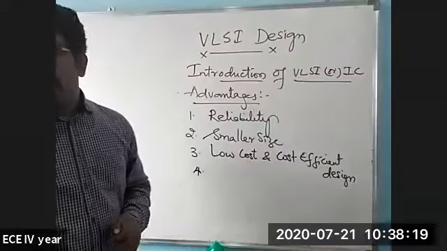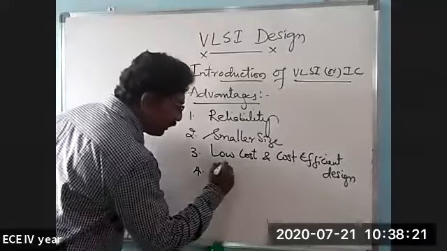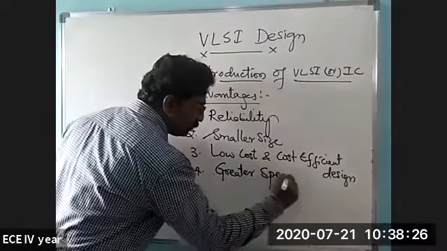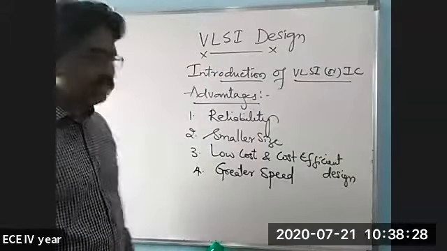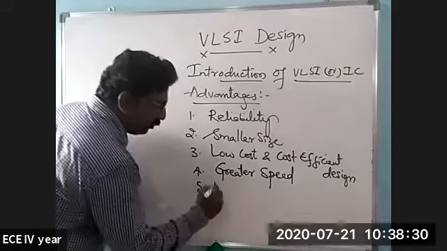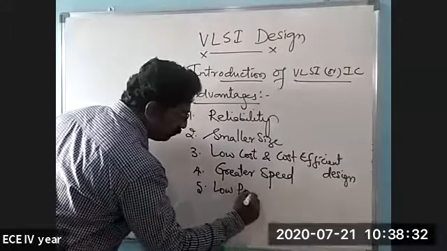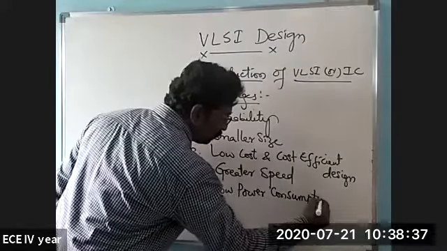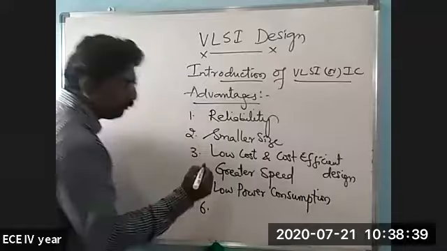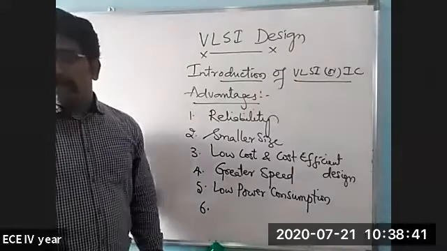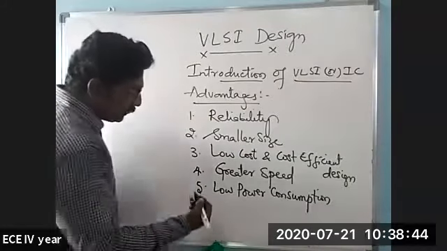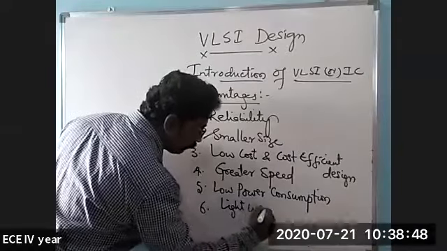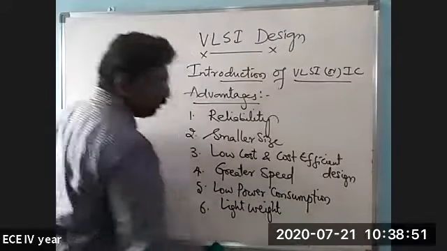Then the fourth one, greater speed. Because of this technology, the speed of a device will be increased. Then the fifth one, low power consumption. And the sixth advantage can be lightweight devices.